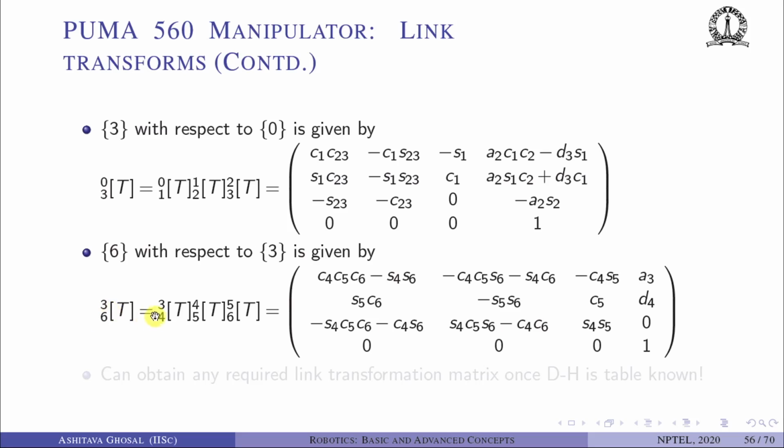So 3, 6, T is nothing but 3, 4, 4, 5, 5, 6. And again, we have a rotation matrix which contains theta 4, theta 5, and theta 6, and the position vector which contains A3 and D4. Okay, and as I have said, we can obtain any required link transformation matrix once the DH table is known. I have just given you 2 examples in this slide.